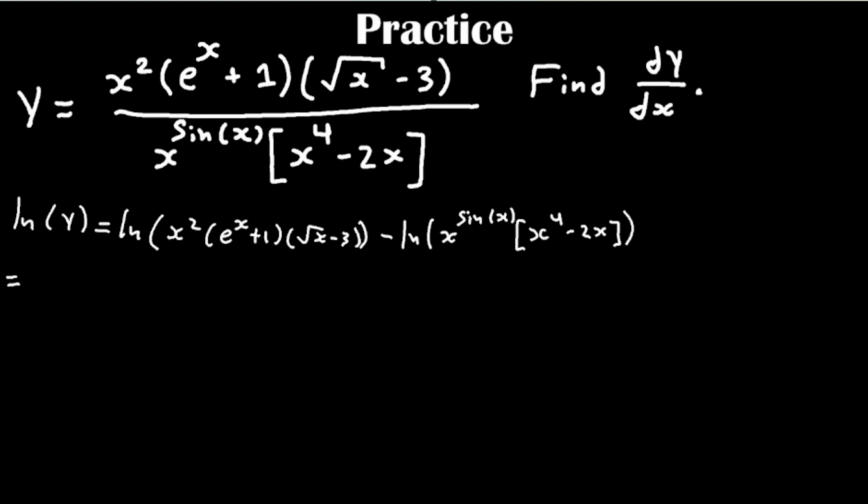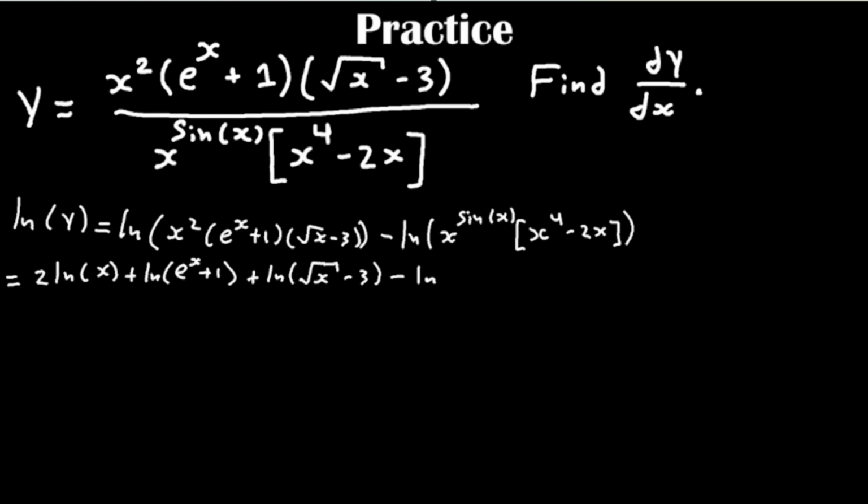We can turn these products on the inside of these logarithms to sums. So we'll have natural log of x squared. We can bring that 2 down, so we'll have 2 natural log x, plus the natural log of e to the x plus 1, plus the natural log of root x minus 3, minus the natural log of x to the sine x.